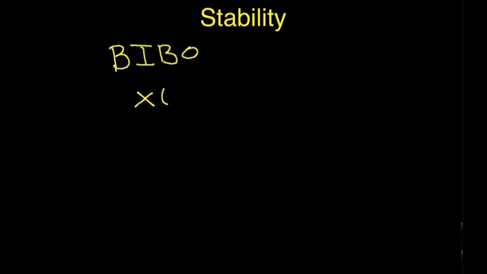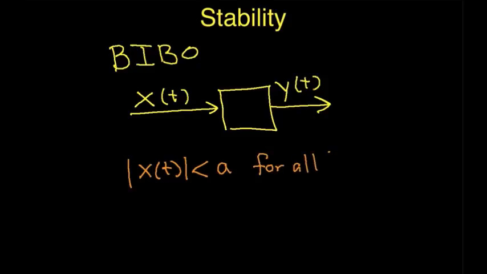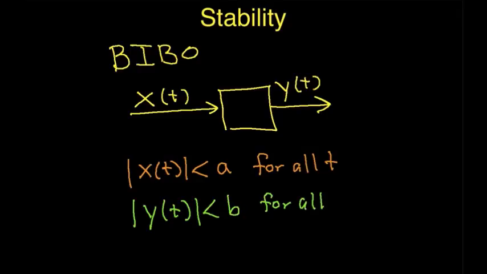If I have a system that has an input x of t and an output y of t, this system will be BIBO stable if I can say that the absolute value of the input being less than some constant a for all t implies that the absolute value of the output will be less than b for all t.